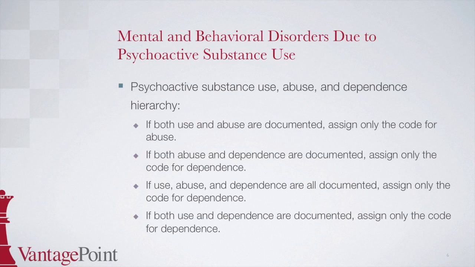If abuse and dependence are documented for the same substance, you're only going to code for dependence. You're only going to use one code for type of substance, such as alcohol or an opioid. However, it is certainly possible to have one code for alcohol dependence and another code for opioid use on the same claim.